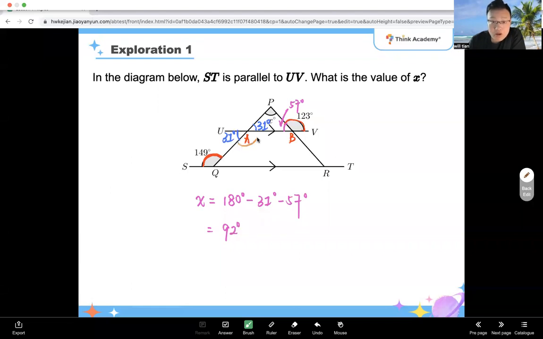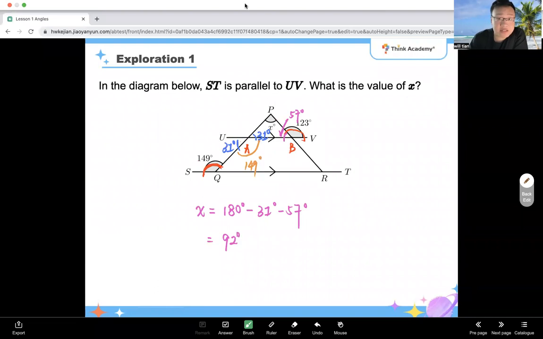Yes, 149, very good. Then I also worked out the 57 degrees. Yes, 57, and then? And then I did 149 minus 57. Very good. So you use the theorem called the exterior angle theorem, right?